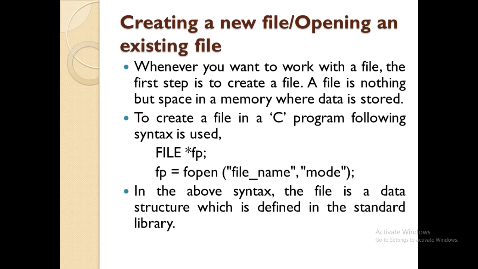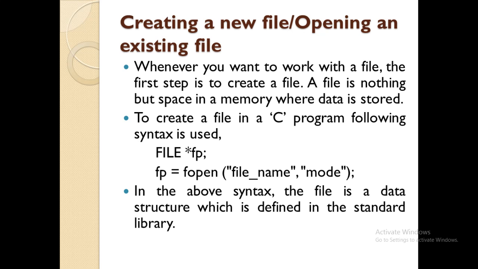Whenever you want to work with a file, the first step that you will perform is to create a file. As I have already told you, a file can be considered as a space in memory where data can be stored. So in order to create a file in C programming, this syntax is used, that is FILE followed by file pointer. Then using that file pointer, you can open a file using fopen function.